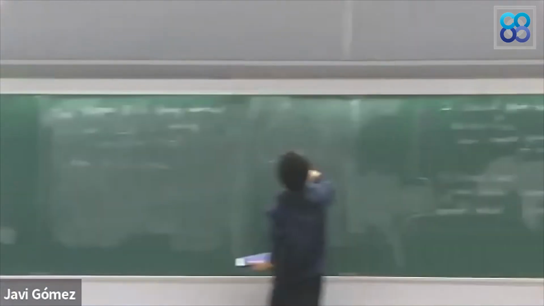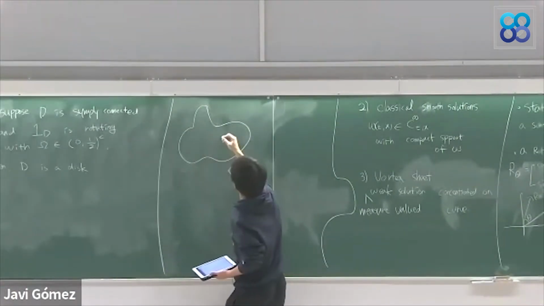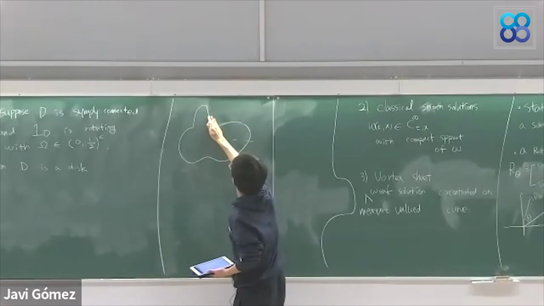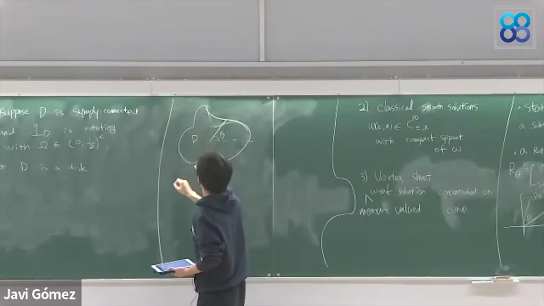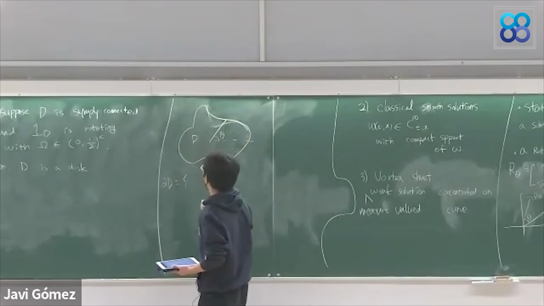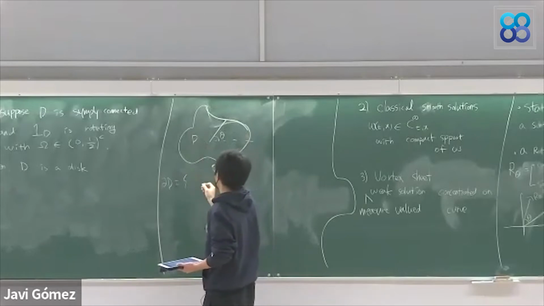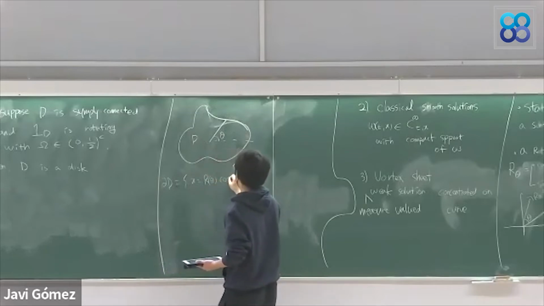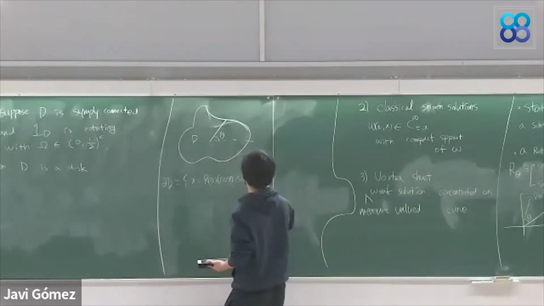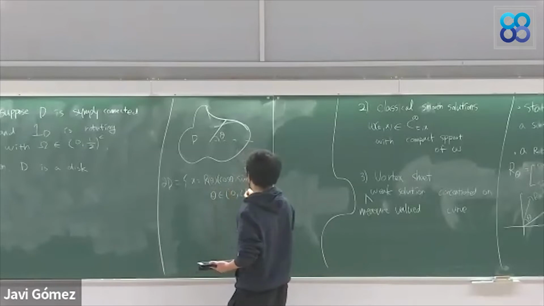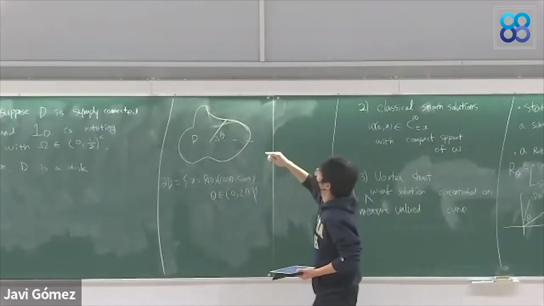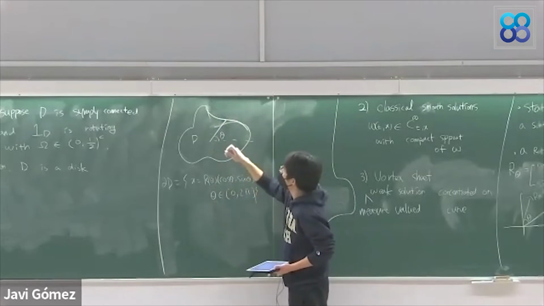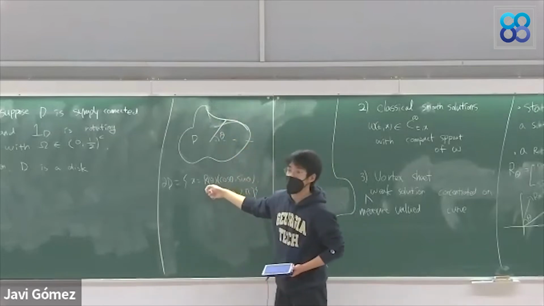So imagine you have a star-shaped domain. This is star-shaped, and the boundary can be parameterized in the usual way, as a function of theta, so that for each point on the boundary, the distance between the point and the origin is simply given as a function r.